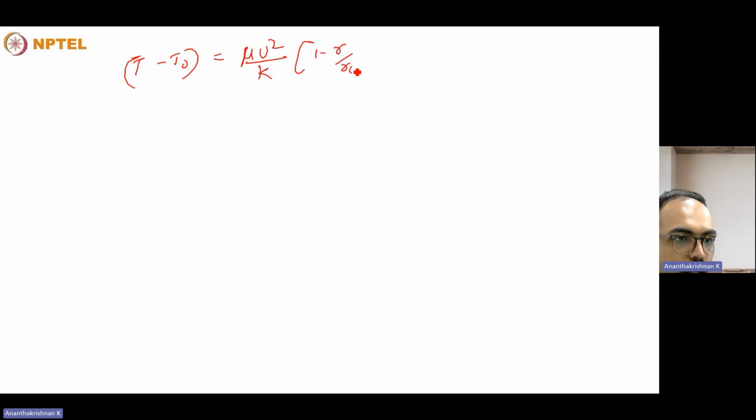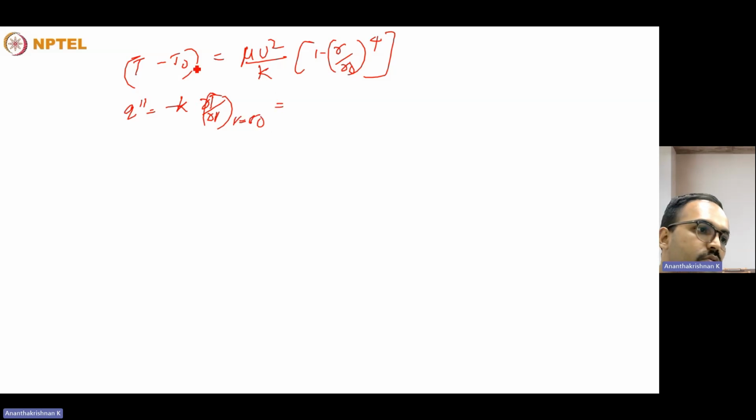We can do the simplification and mathematical calculation by integrating, providing the boundary conditions at r equal to 0 and r equal to r0. Then the heat flux is equal to minus k dT/dr at r equal to r0. So you differentiate dT/dr, with r equal to r0, and substitute.